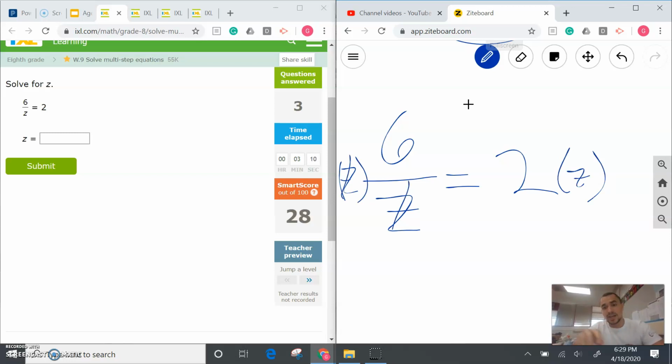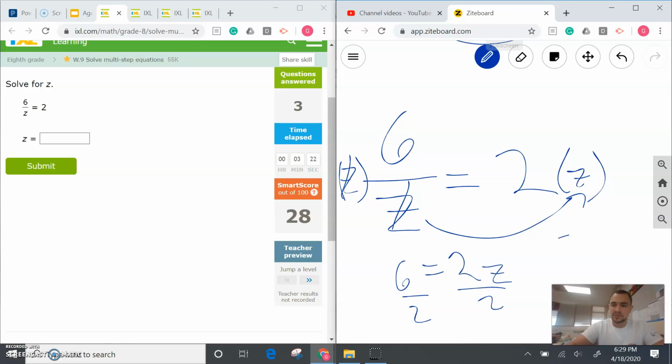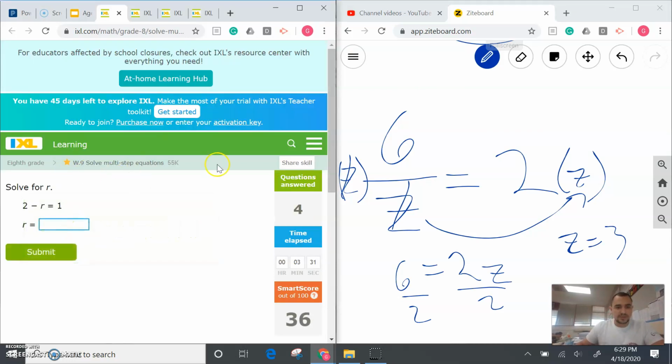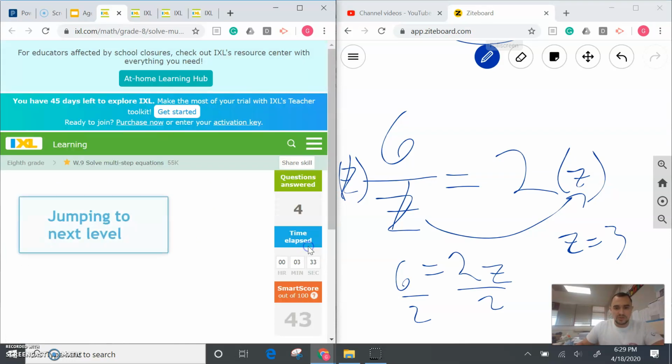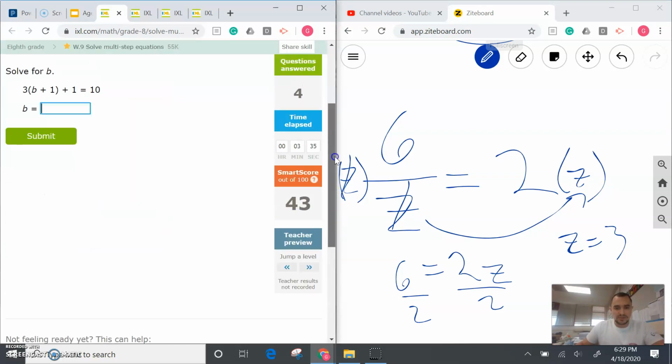The z's can cross out, but did I get rid of the z? Nope. It's basically like on the other side now because I'm multiplying it. So now I have 6 equals 2z, and then you just divide by 2. So z is going to equal 3. So let's think, 6 divided by 3 equals 2. That is correct.